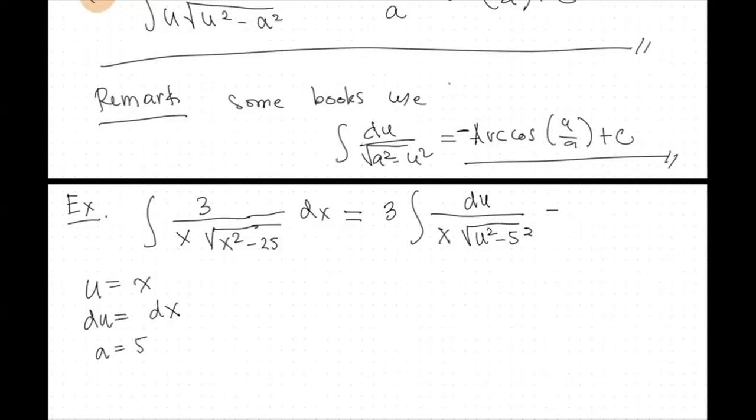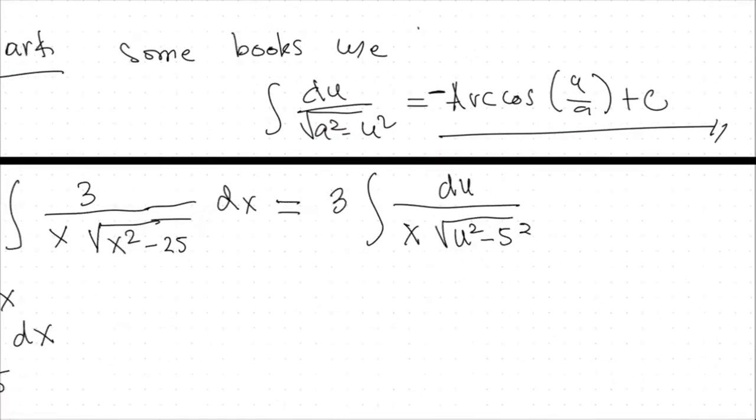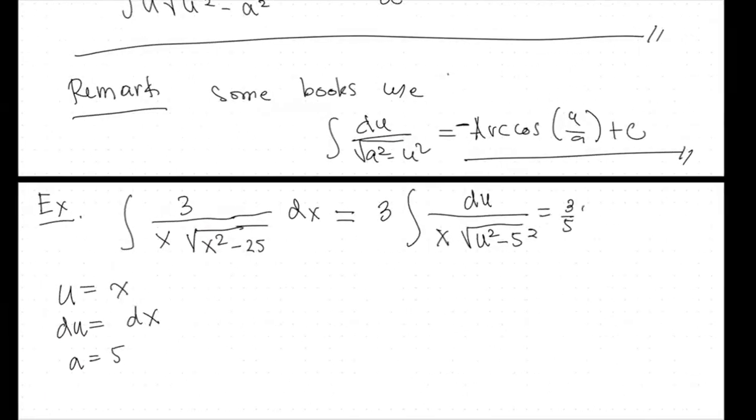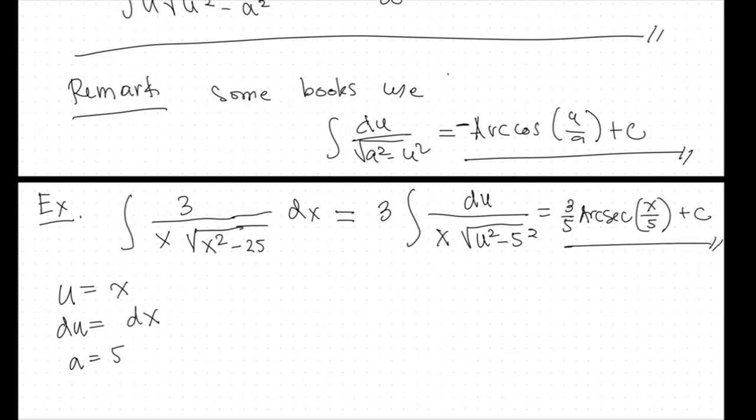I will make my handwriting smaller. This is 3 over 5, and then the formula is arcsecant of u over a. So u is x, and a is 5, and then plus the constant C. Then you put this in a box so it's not mixed with the other solution. Any questions so far? So here we use formula number 3 for our arcsecant.